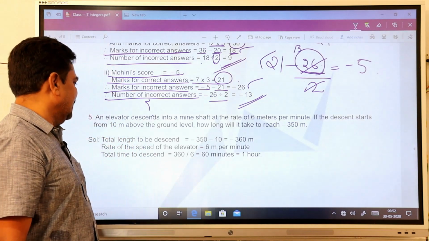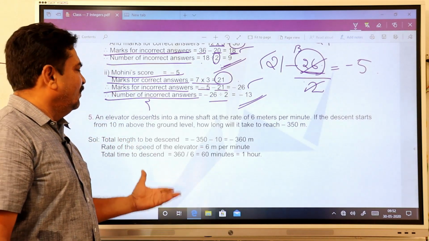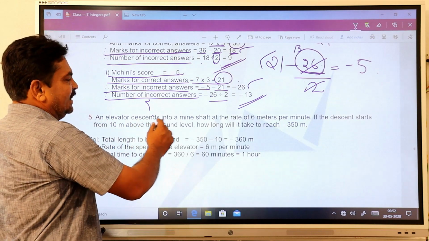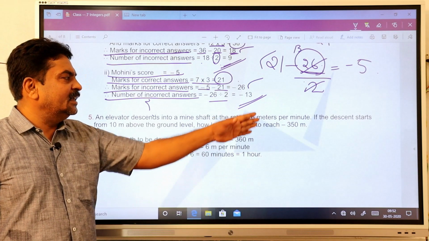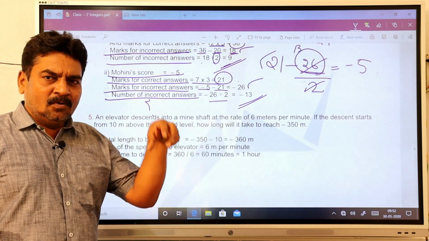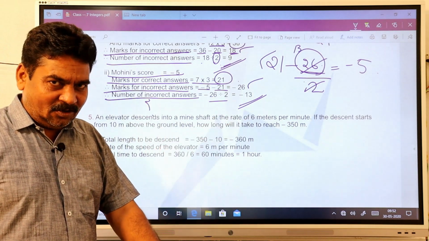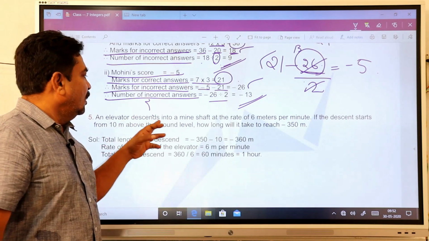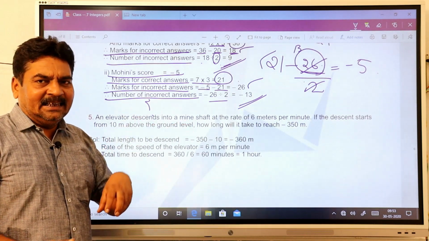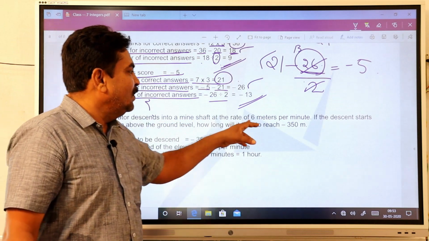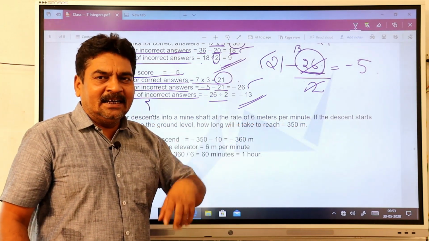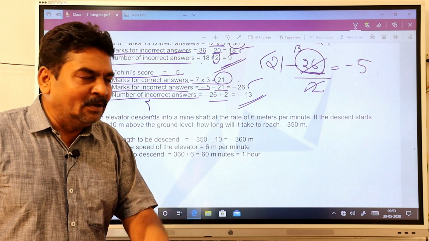It's very easy. Descent means moving inside, according to the question. It's digging a mine, so it is moving inside 6 meters per minute. In 1 minute it moves 6 meters.